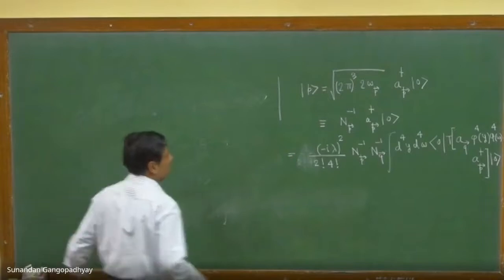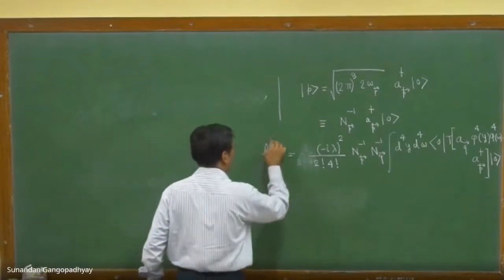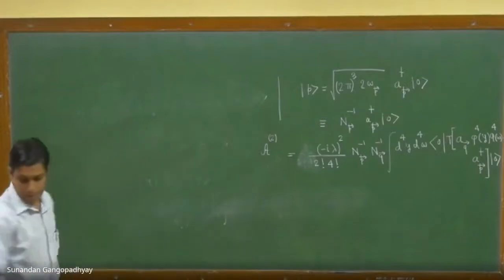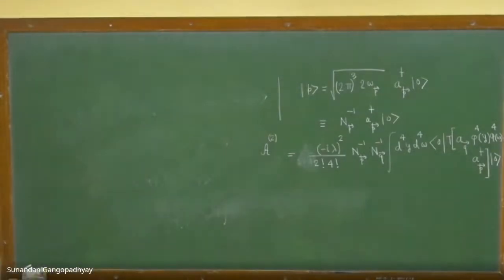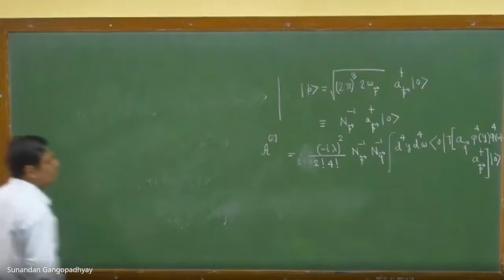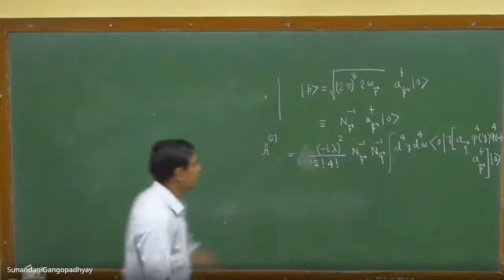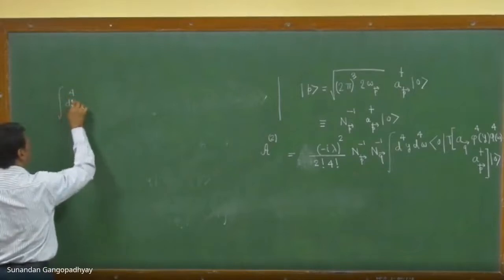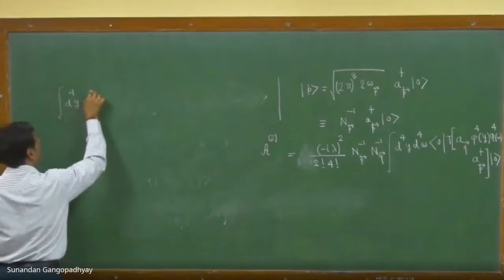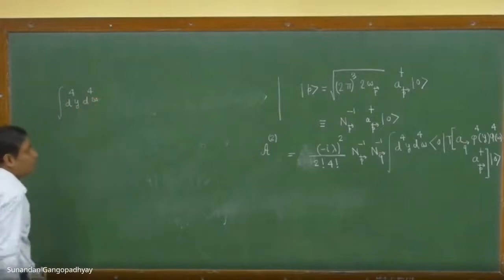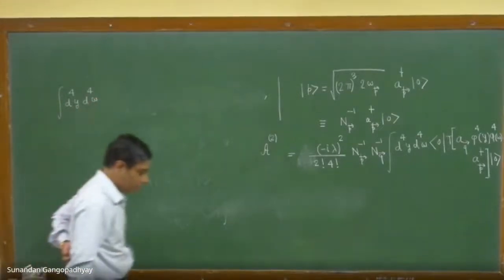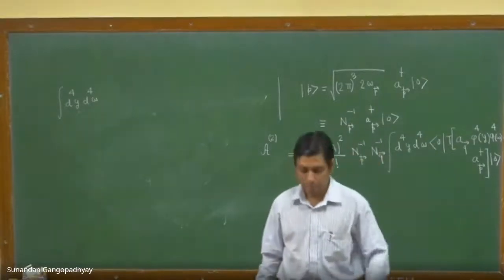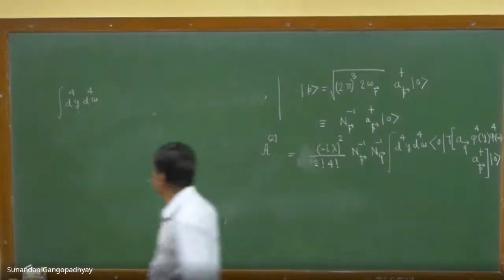So this is A2. Now let us, for the time being, forget about this factor. Just concentrate on the integral. So we have d4y, d4w, and we want to look at a particular diagram.